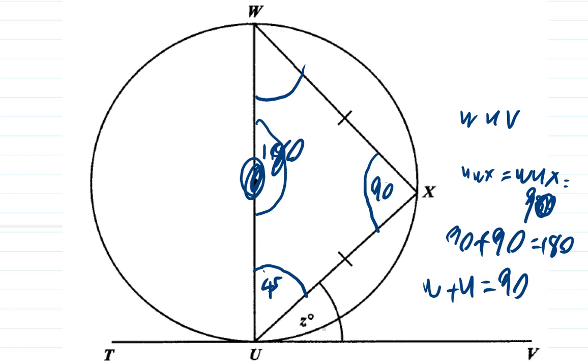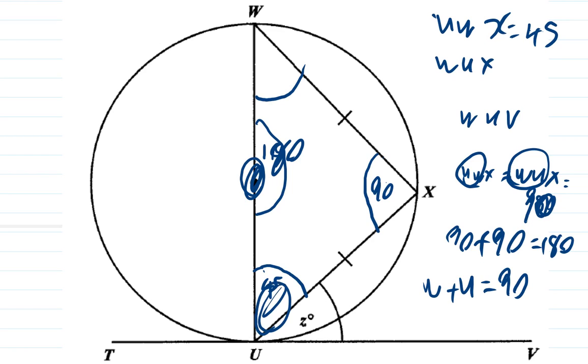Now, if these two angles are equal, then each of them must be 90 over 2. It cuts 90 in half. So that means the angle UWX, which is this angle up here, equals 45. And the angle WUX, this angle down here, must also be equal to 45.